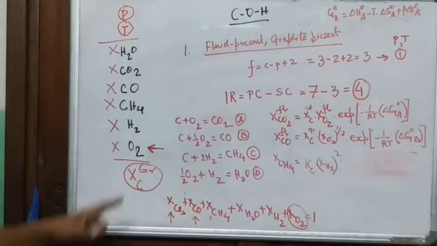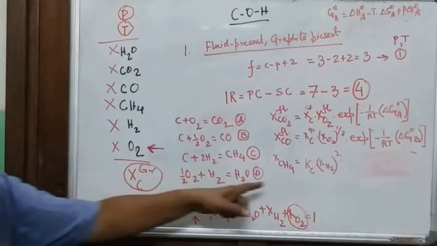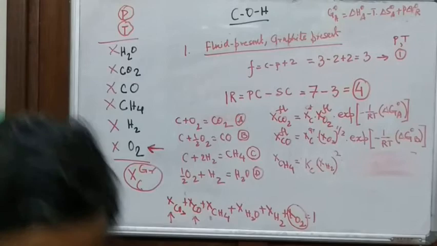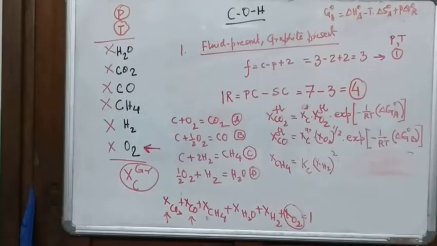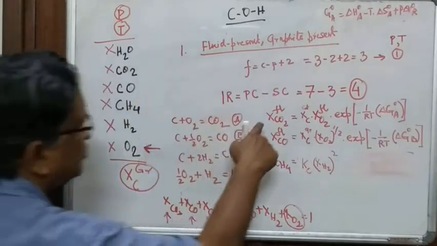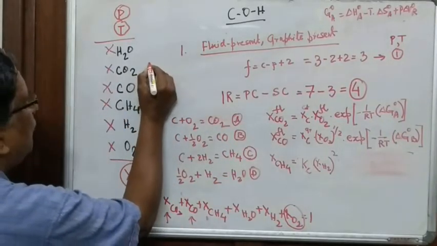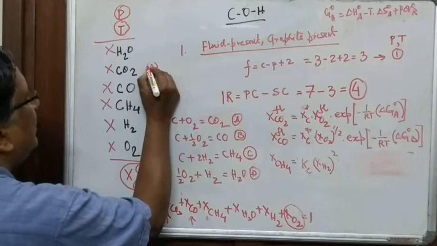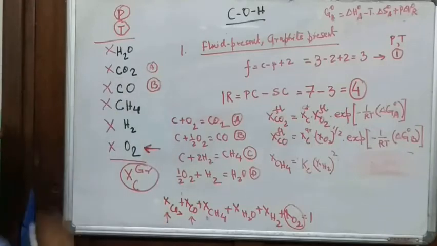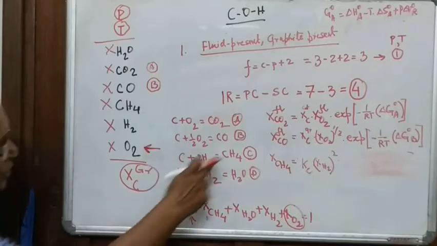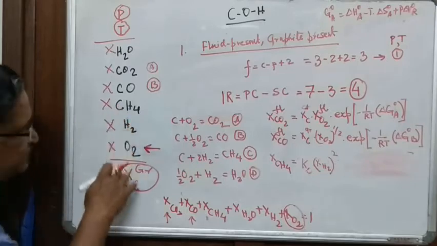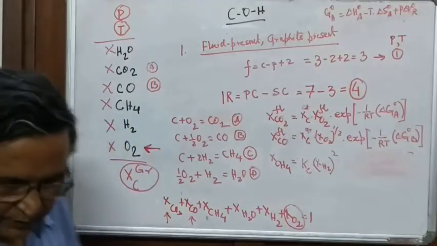So just before I switch over, from A and B, I found out XCO2 from A. I found out XCO from B. The rest I have not found out still, and this was used as an input.